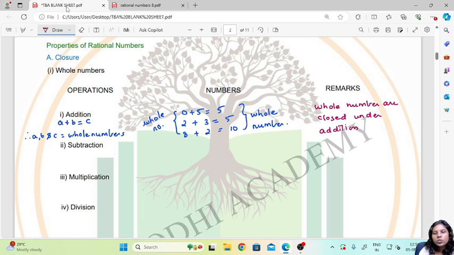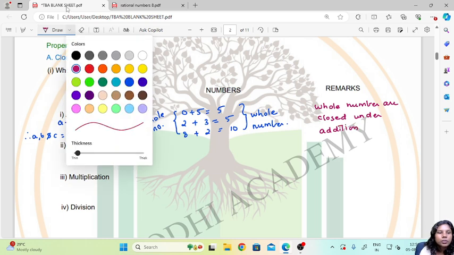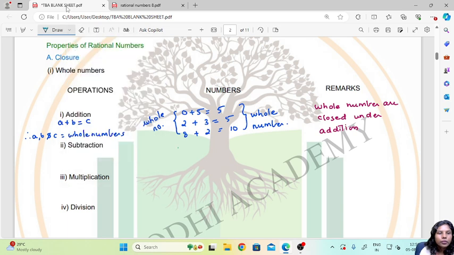Okay, so now let's look at the next example. Next is subtraction. Say I have 5 minus 5, then 2 minus 8, and 2 minus 3, and maybe another example, 5 minus 8.